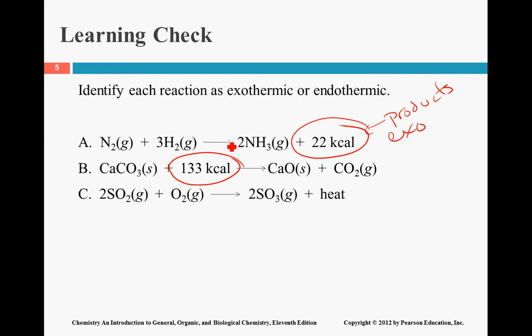However, this time it's on the left, which is the reactants, which means that the energy is being added in order for it to happen, which means it's endo. And then finally, it's less specific, but it gets the point across that heat is given off as a product, which means, once again, it's exo.